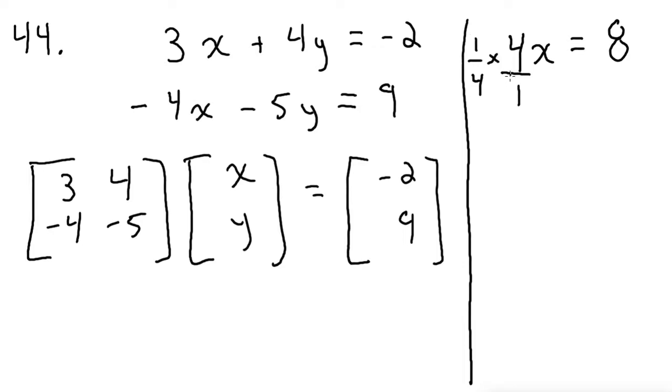So by multiplying by 1 over 4 times 4 over 1, that makes all this go away, and I have x by itself. So if I did this to one side, I have to multiply this by 1 over 4 on the other side. Now remember, there's still a 1 right here. So we have 8 times 1 will be 8, and then we have 1 times 4 will be 4. And 8 divided by 4 is going to be 2, so we have x equal to 2.